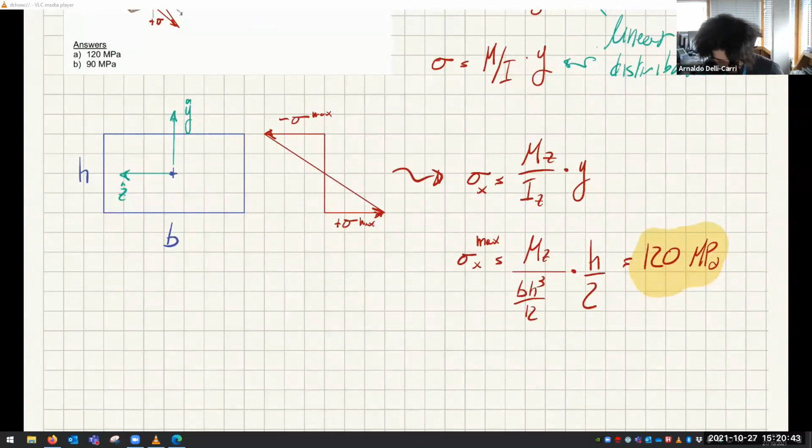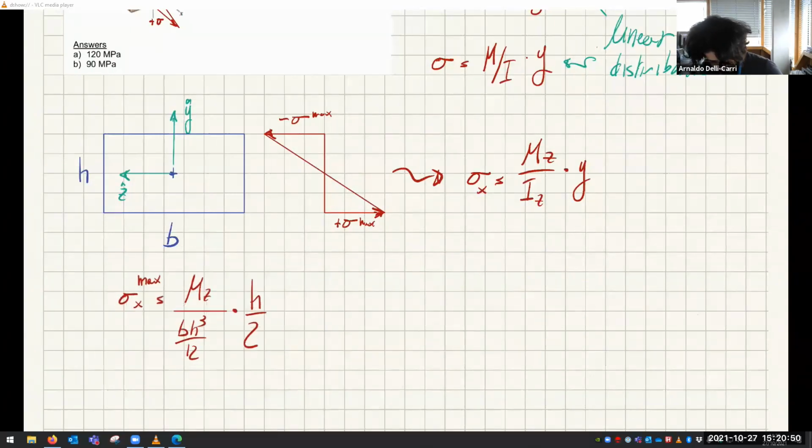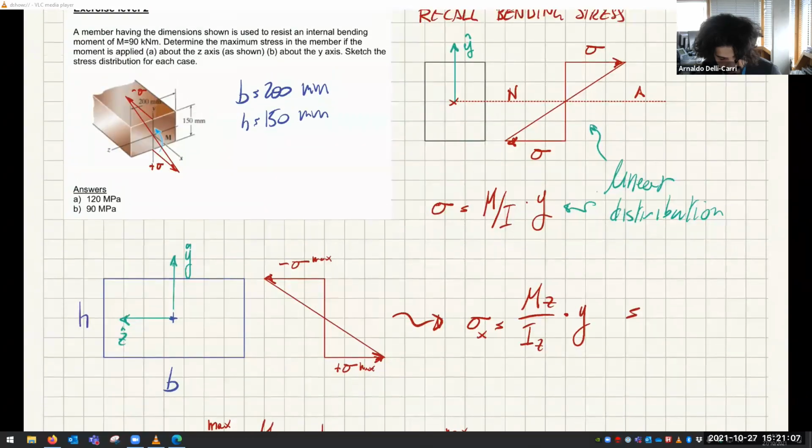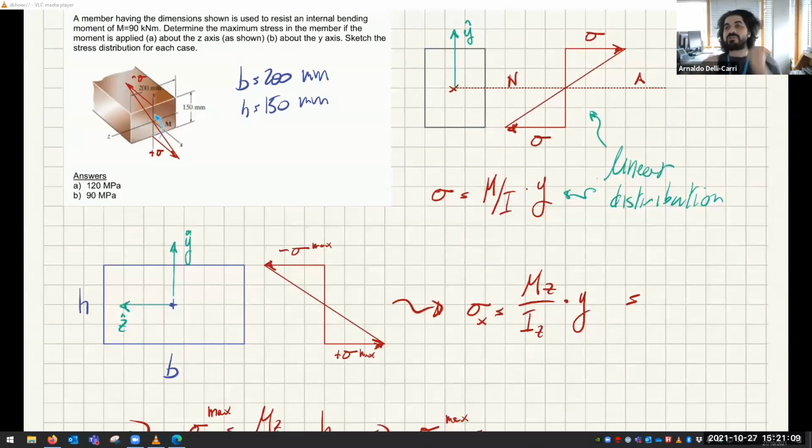Okay, so let's do the calculation properly. So what I have is that sigma x max equals Mz, which is 90 kilonewton meters. So let's use Newton millimeters.